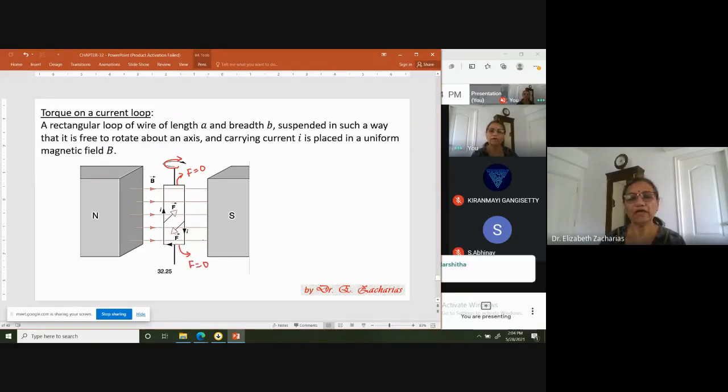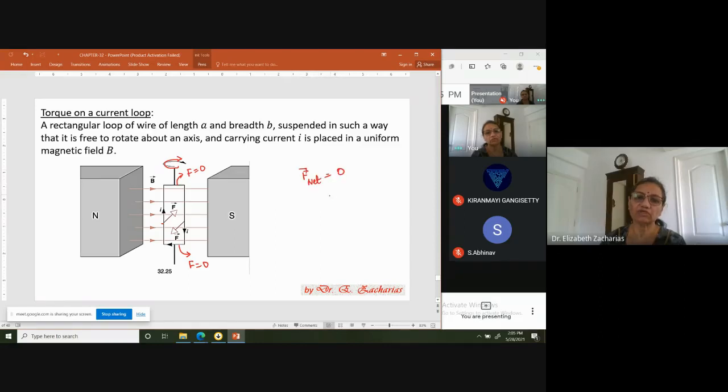And you will find that for this arm and for this arm, there will be force, given by ILB. I is opposite in both of them. So you can see that the net force is going to be equal to 0.